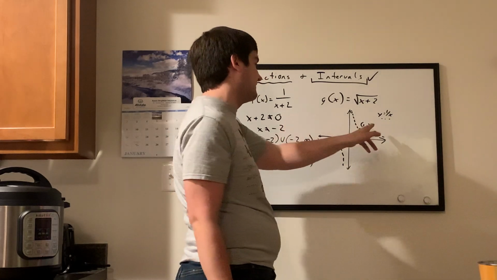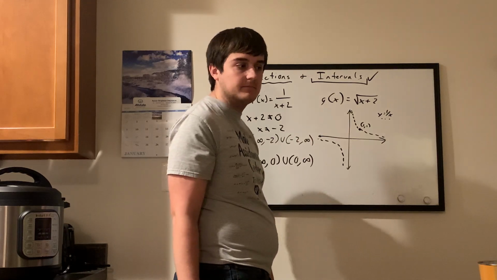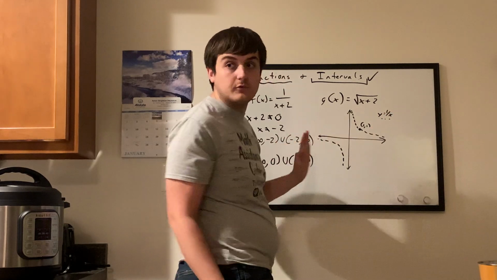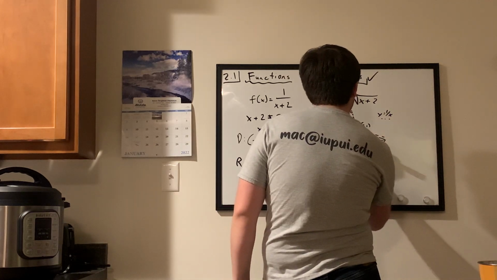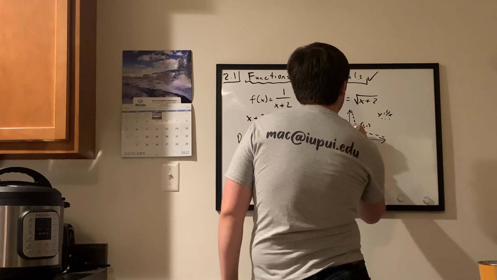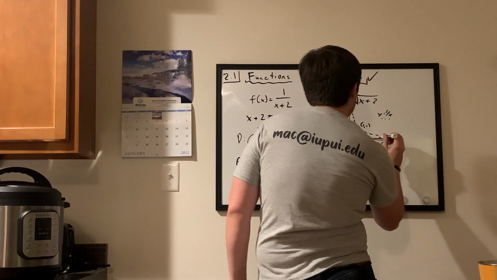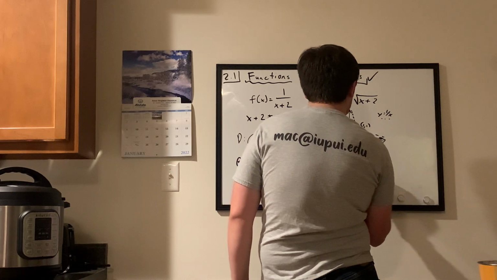But that's 2 away from where it was. So that means that, minus 1, all of my graph gets shifted over by 2.